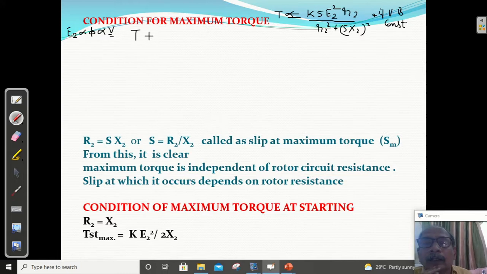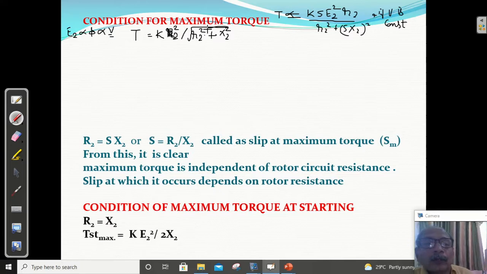Hence, torque equals constant K into S R2 upon R2 square plus S X2 square, you can take it in lower case, during running condition.